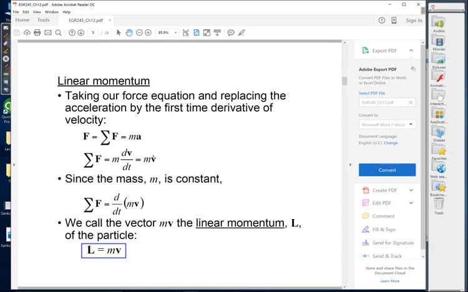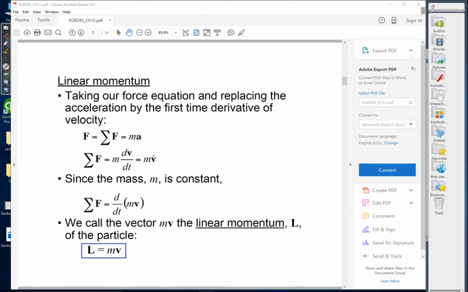And here's how it's done. So we start with F equals ma, and then we replace this acceleration with its definition. It's mass times dv dt, right? And that's mass times v dot, just to write it in a simpler form.